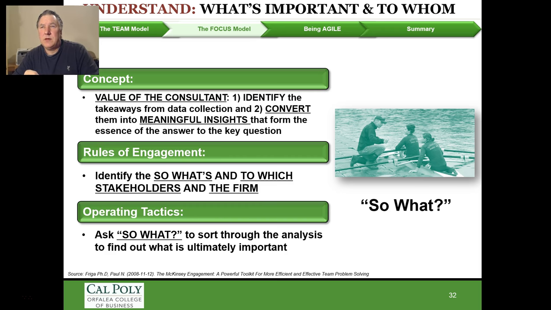But if you have somebody who is trying to move up the line in an organization, you need to think about what's in it for that stakeholder. You also have to think about other stakeholders who might potentially torpedo your recommendations as well. So what is very critical in terms of looking at your data and your analysis to determine and to be able to hone in on what's ultimately important.